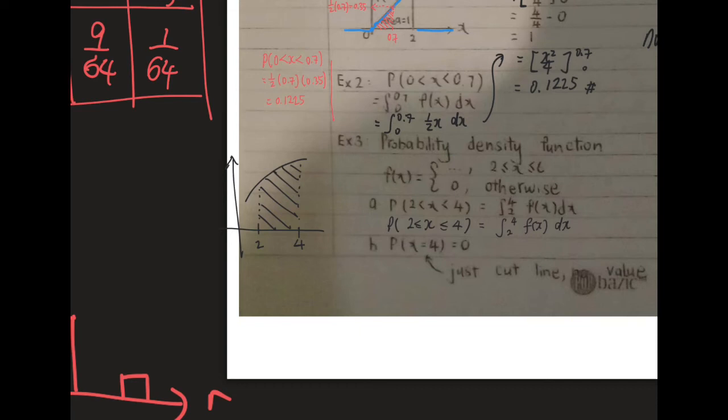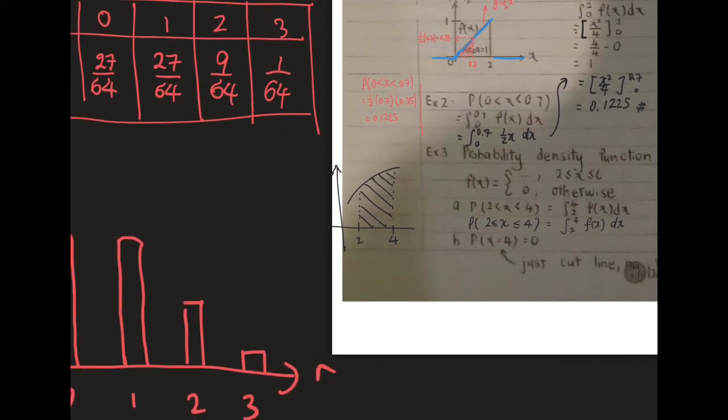But in discrete it is different, you know. In discrete, like in binomial, if they ask for the probability from 2 to 4, you can only take the probability of 3. Discrete means they only take exact values, integers. We can only take 3.